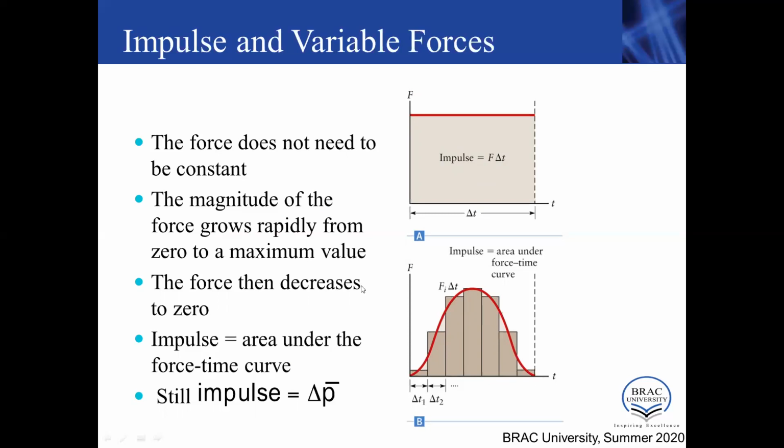So the magnitude of the force grows rapidly from zero to a maximum value and then decreases to zero. In this case, impulse is given by the area under the force-time curve. If we draw the force versus time graph, the area under this graph gives the impulse. In this case also, impulse is equal to the change in momentum.